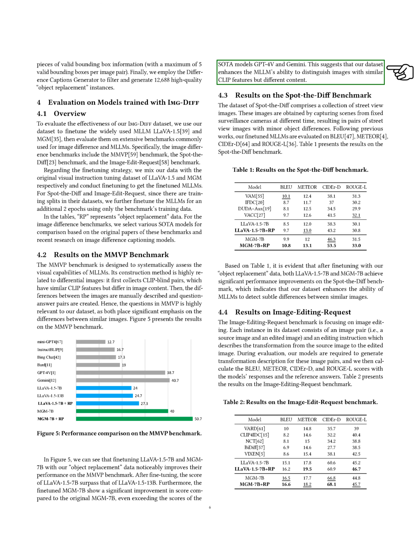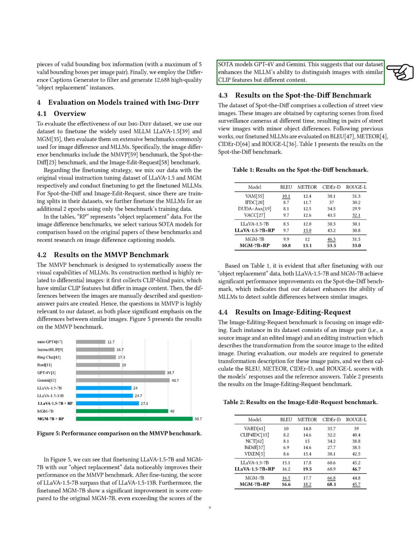Lastly, we assess our Img-Diff dataset's impact on the overall capabilities of MLLMs using various benchmarks, including VQA-V2 and GQA for visual question answering, and others for testing reasoning and localization abilities.